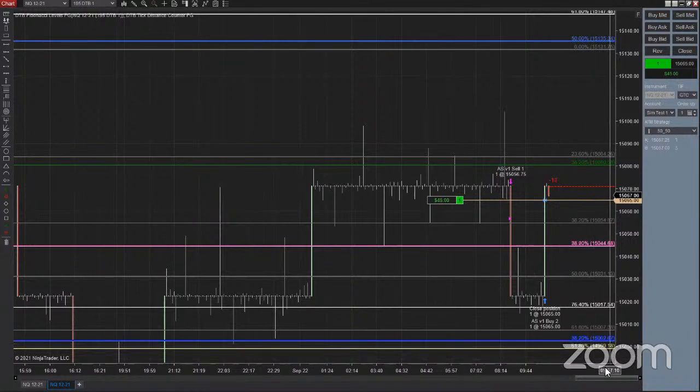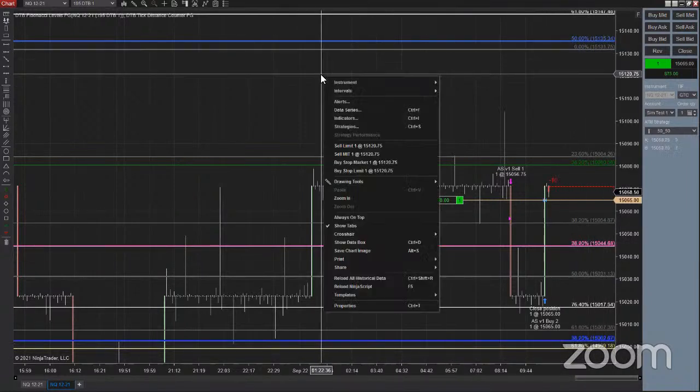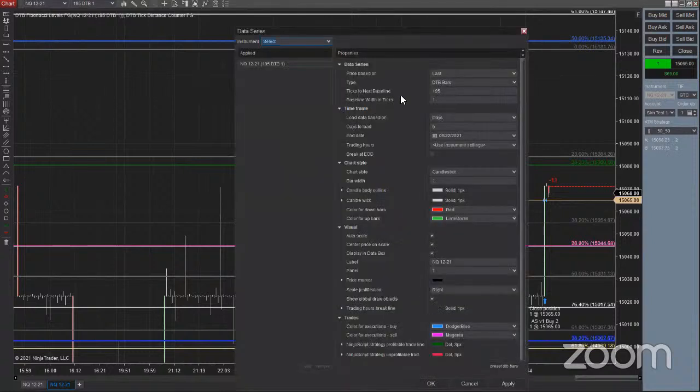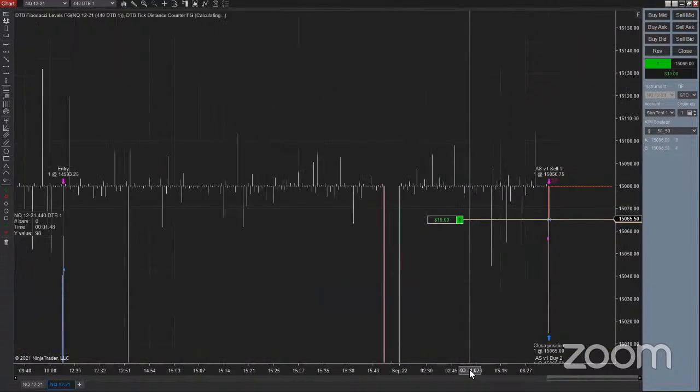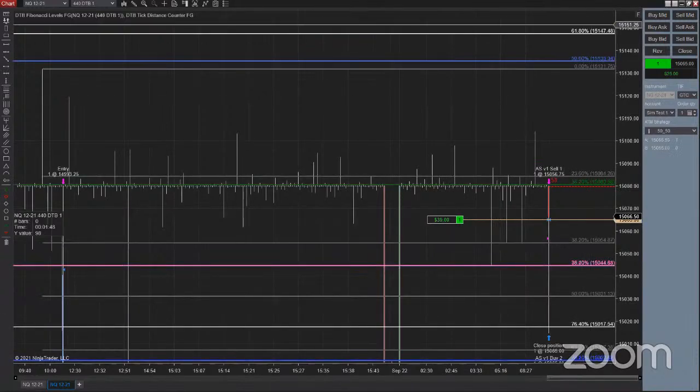So this is another thing to look at, a longer term chart. Now you can also go and change this to any size chart you want. So if you want to go to a 440 chart, it is going to give you a much larger perspective of the market over a longer period of time. So basically that's taking into consideration 440 ticks in either direction.